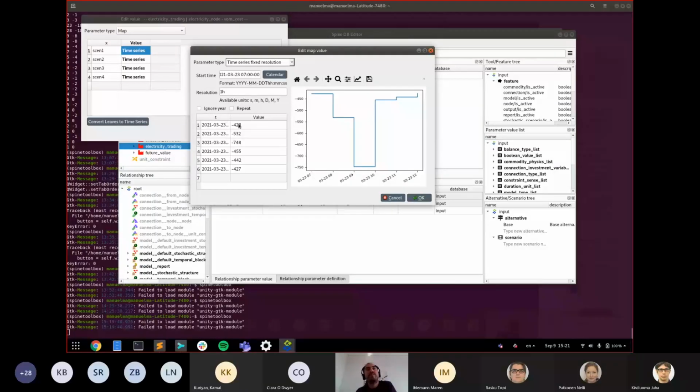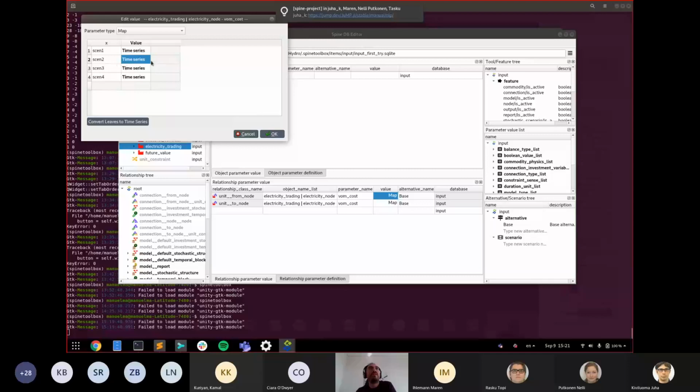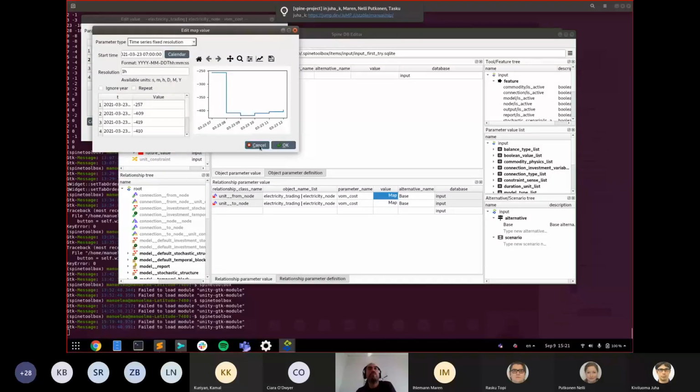In this case, it's a negative cost, so it's a price. So this is the one that I'm using to sell because I'm making money with this. So here I just have the data in the time series. And for different scenarios, I have, of course, a different time series.